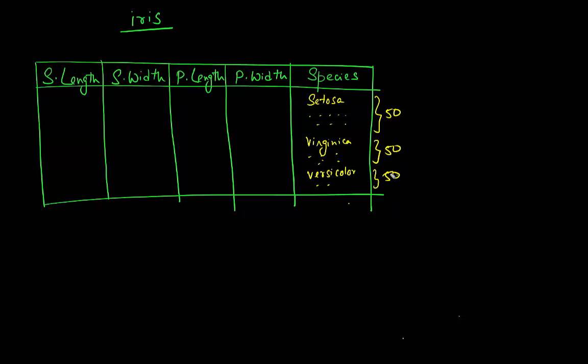And then what I want to do is split this data frame into 3 different sets of data, or 3 different smaller data frames. So data frame 1, we're going to call it Setosa. Data frame 2 is going to be Virginica. Data frame 3 is going to be versicolor.